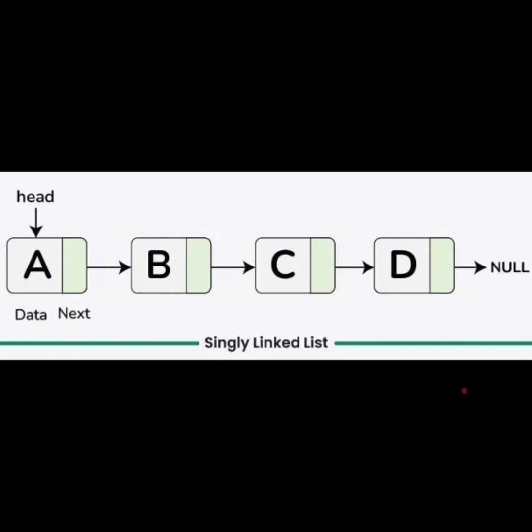The next points to the next node, that is the second node, B, and the second node's next part points to the third node, C, and the third node's next part follows towards the fourth node, D. Finally, when we reach the last node, it points towards null.